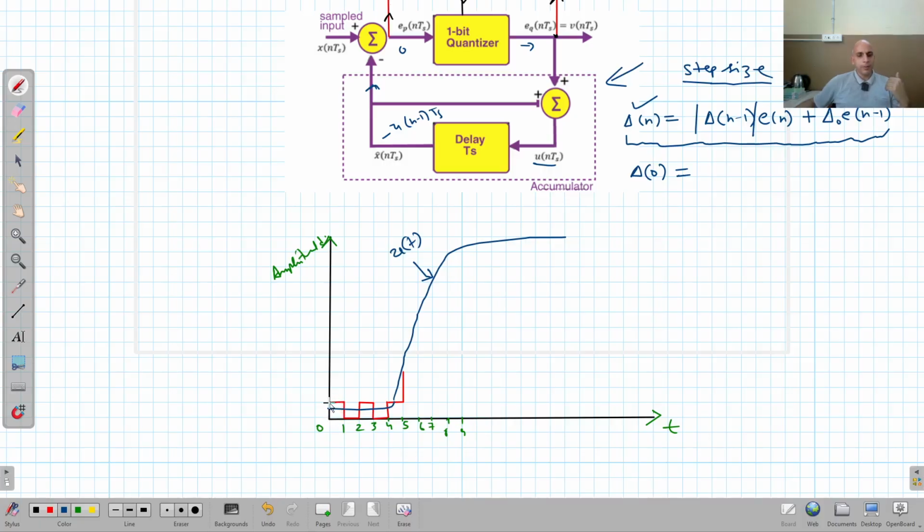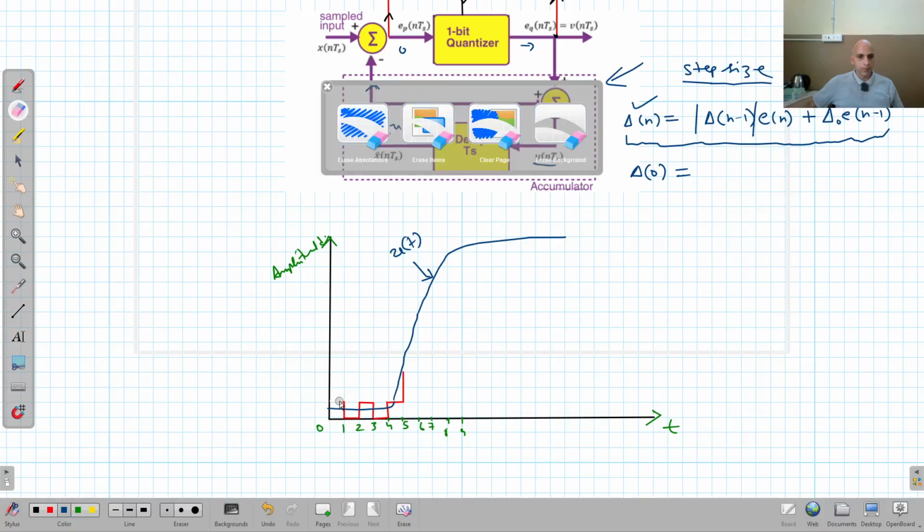I have already drawn it up to this point, but we are not taking it into consideration. We are starting from n is equal to 1. So we can cut it from here for better understanding.